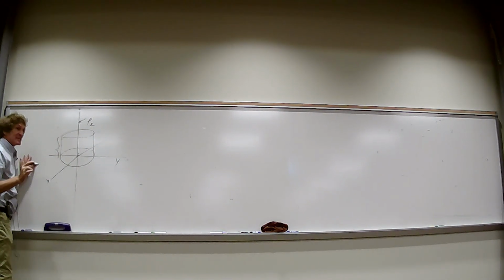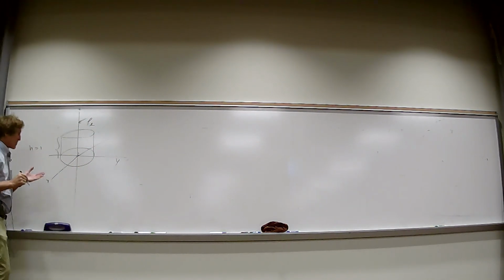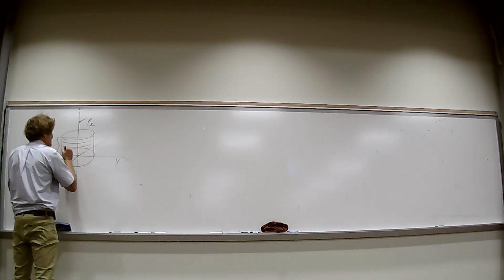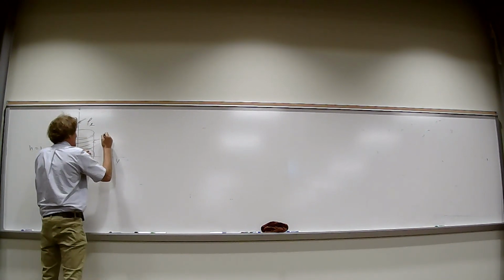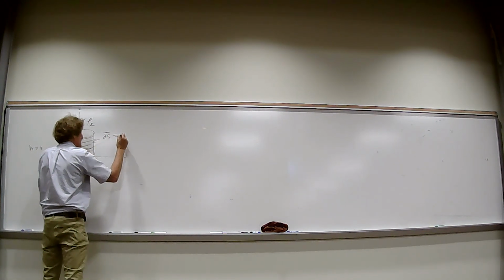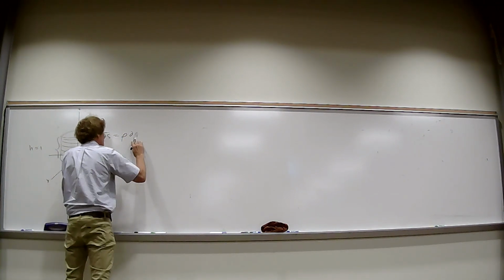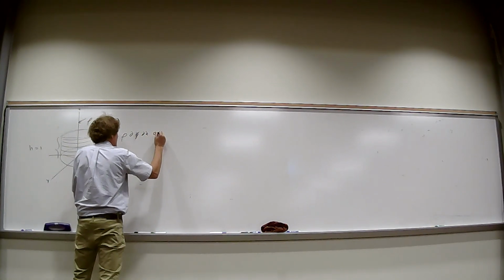Anytime you have a choice of things, always go with one. So I'm going to say the height of this is 1 meter. Now, here's the surface I'm talking about, the outer surface on the cylinder right here. And ds here would be rho d phi dz, in the a rho direction.